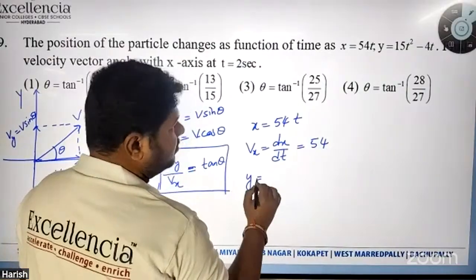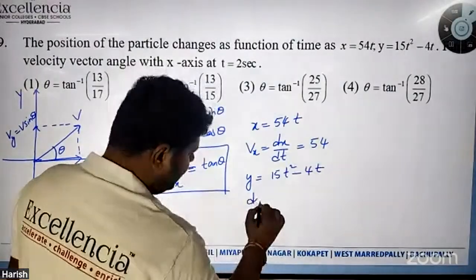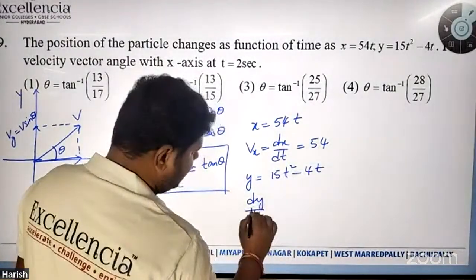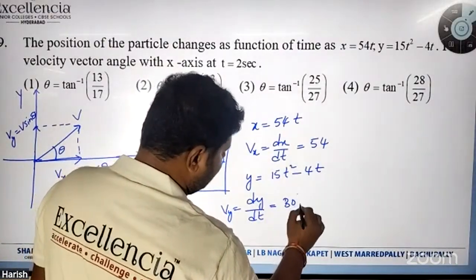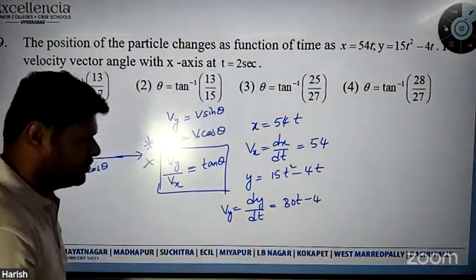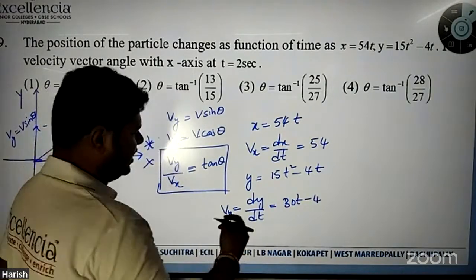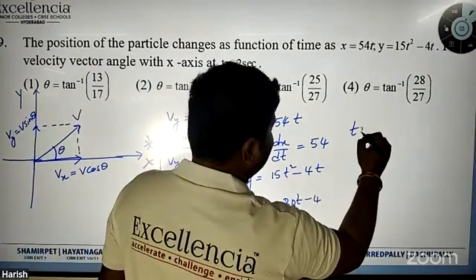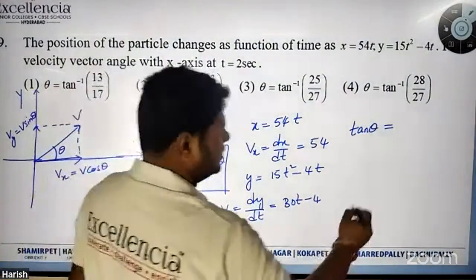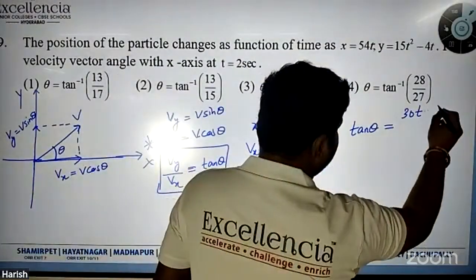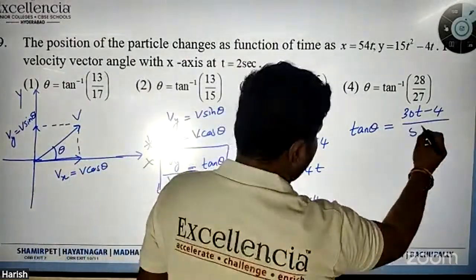Similarly, y is given as 15t square minus 4t, so dy by dt, which is Vy, will be equal to 30t minus 4. So tan theta is equal to Vy, which is 30t minus 4, divided by Vx, which is 5.